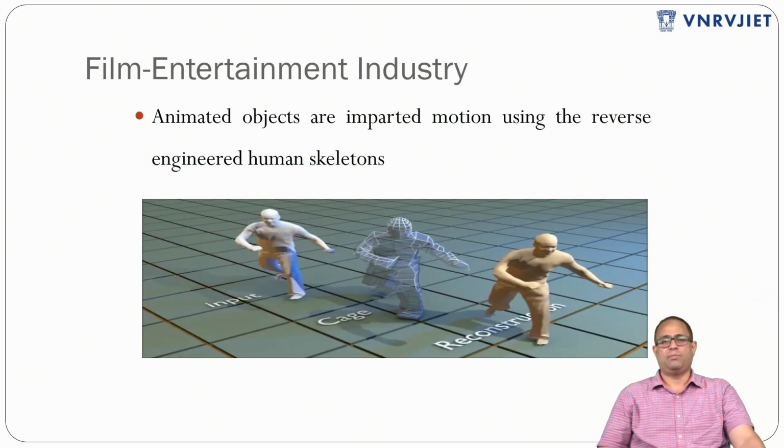And in the film and entertainment industry, here the person is going to be scanned, and then that scan is going to be applied for the dubbing artist, and so duplication of the persons can be done using these reverse engineering techniques. That is called human scanning. Human scanning is completely different from engineering scanning and medical scanning.